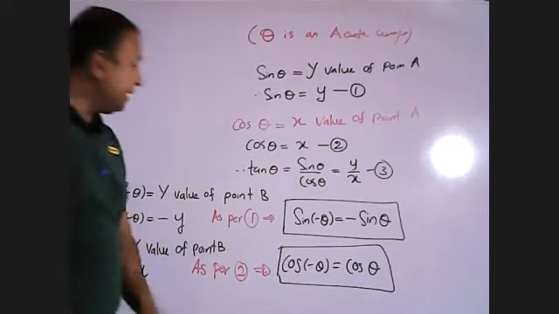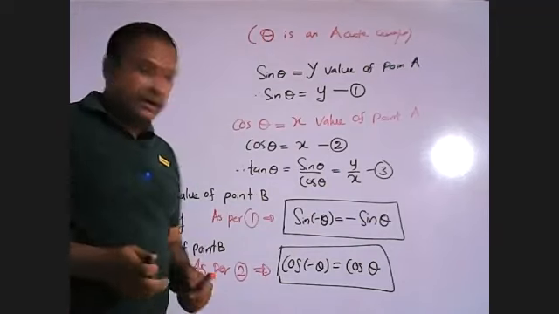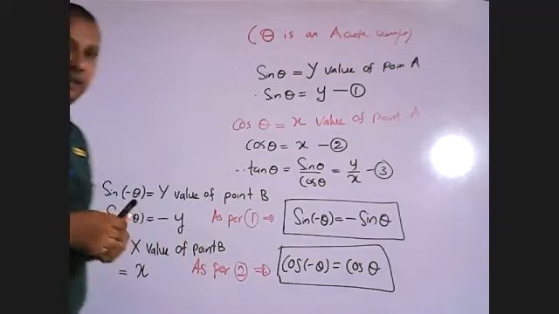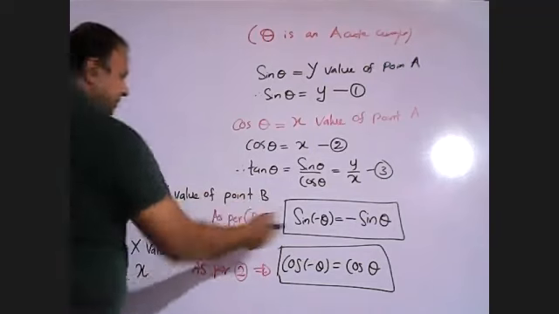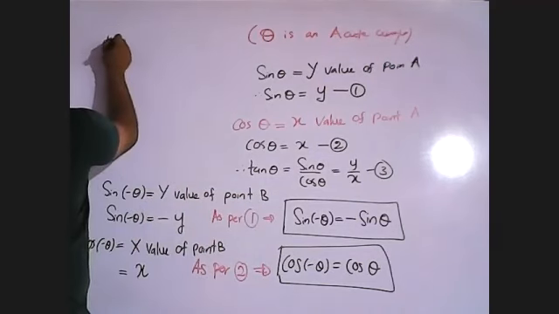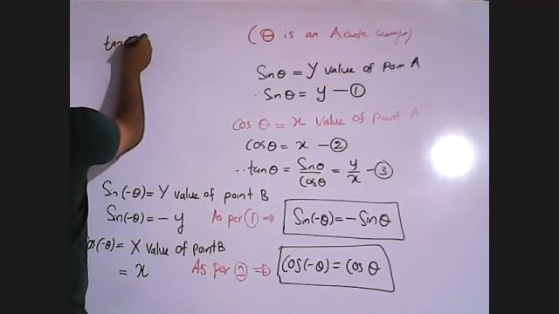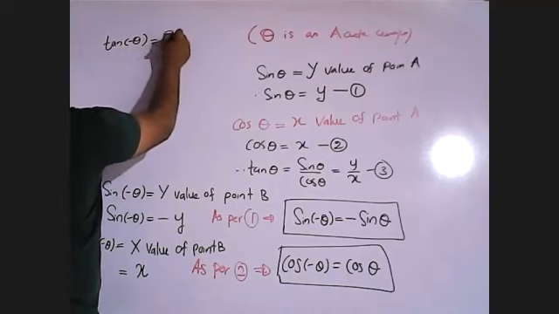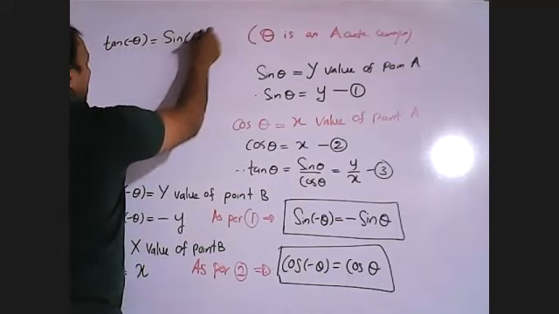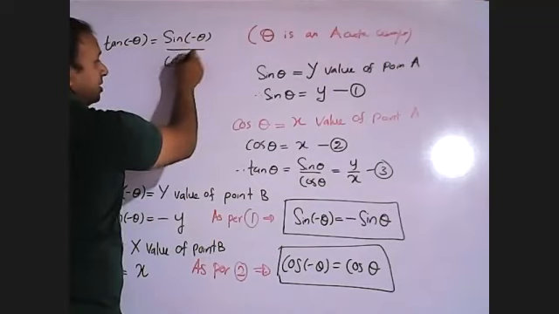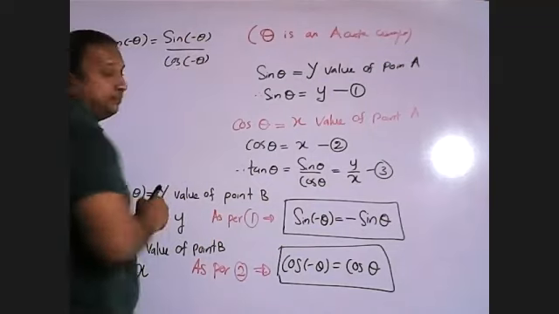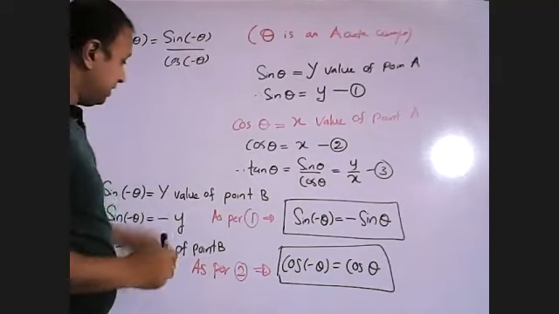Then I can write an expression for tan minus theta. Tan minus theta is equal to sin minus theta over cos minus theta.